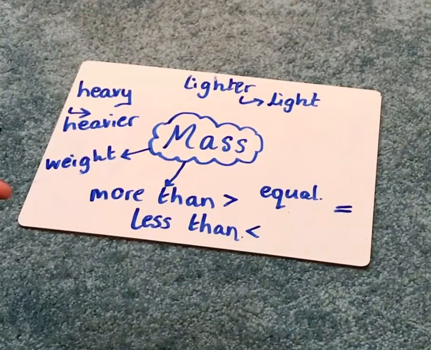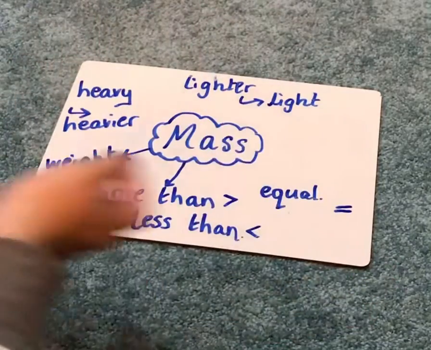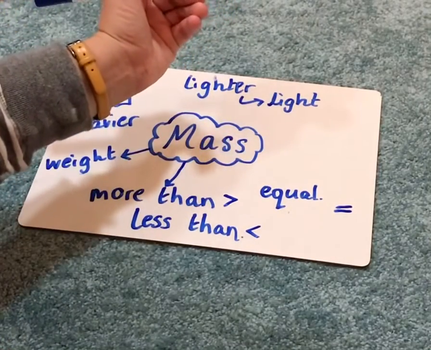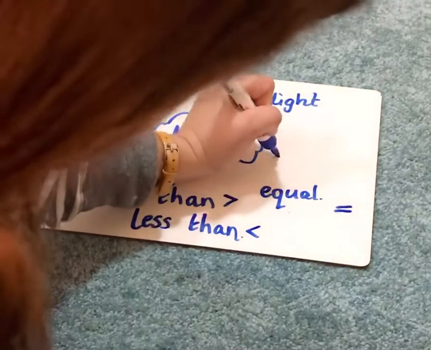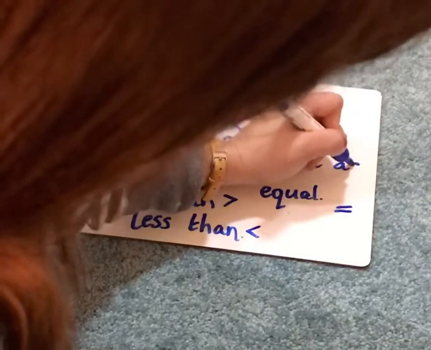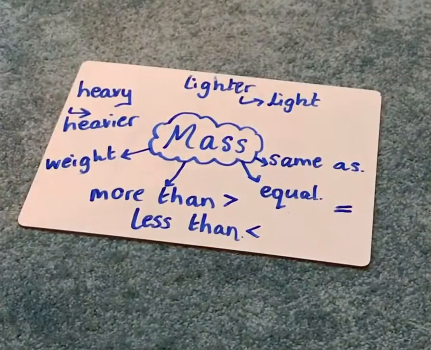For example, an orange and an apple might actually have the same weight. And another word for equal is, what's a nice way to phrase it? That's right, same. The same as. Here you go, I'll put my arrows down there for you.